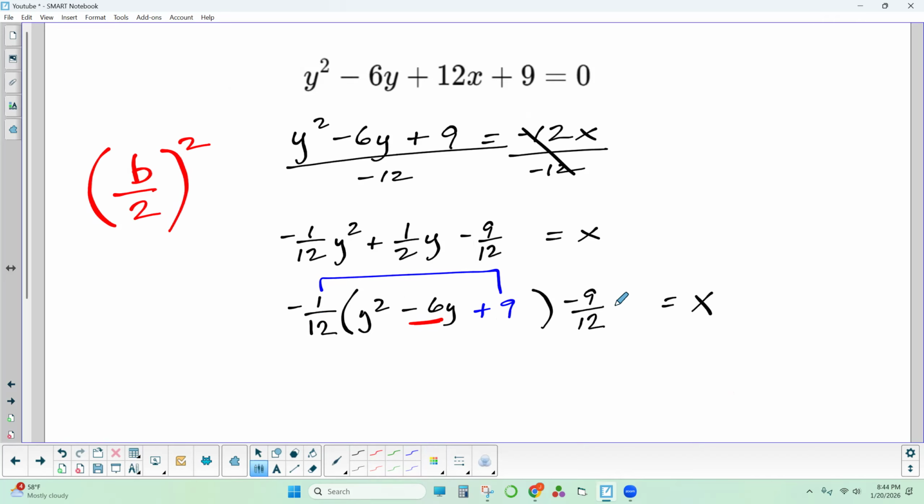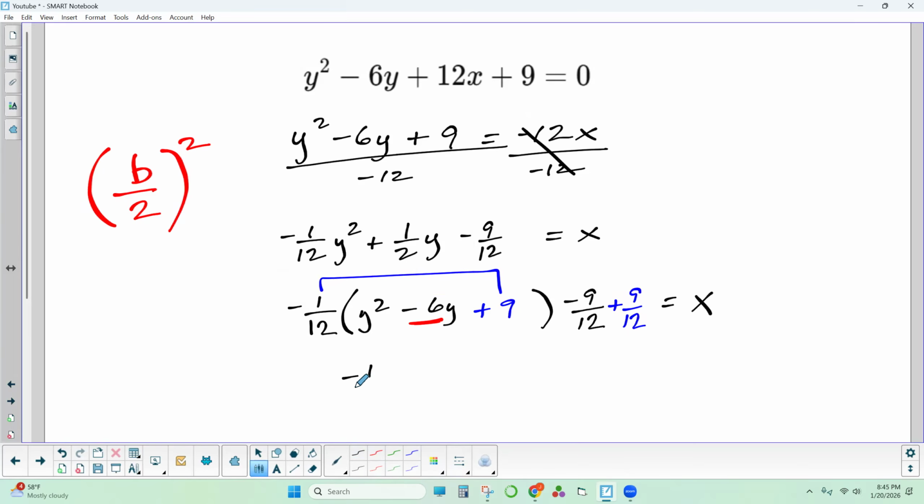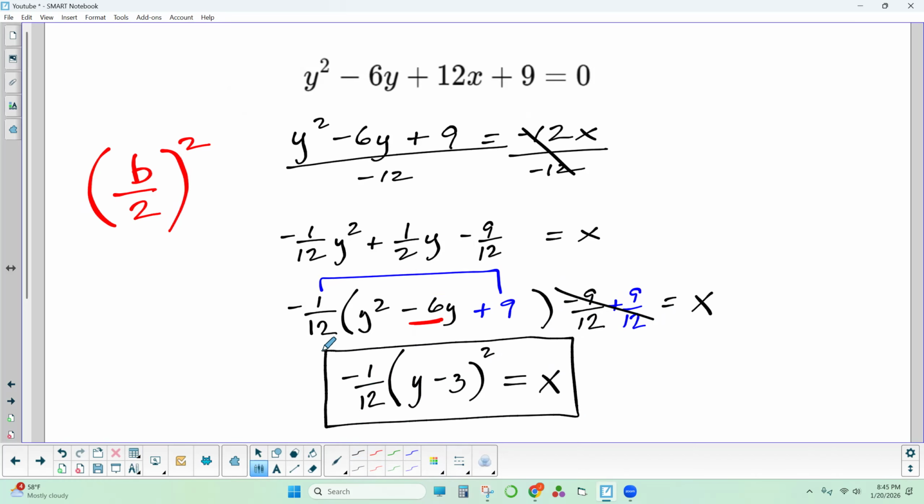So I'm going to come over here and add 9/12 to the same side, which will cancel that out. Now we're ready to write vertex form. I'm going to bring down a, and factor my perfect square trinomial here: y minus 3 squared. Combine terms, and negative 9/12 plus 9/12 is just 0, equals x. And that is my vertex form.